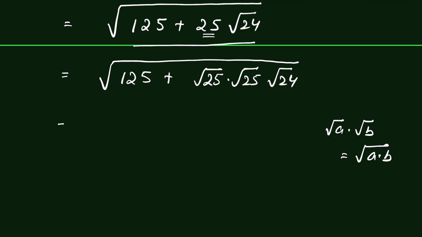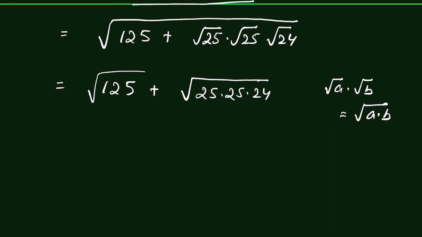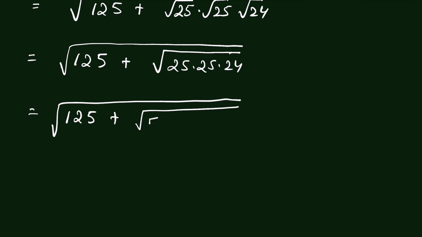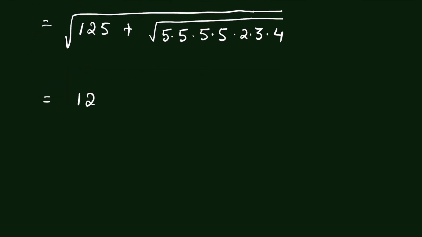So this we can write it as 125 plus 25 times 25 times 24 under square root, or 125 plus, again 25 we can write it as 5 times 5, then 5 times 5, and 24 as 2 times 3 times 4 under square root, or 125 plus, we can rearrange it and write it as 5 times 5 is 25, and 25 times 3 is 75, and then 5 times 5 is 25, and 25 times 2 is 50.